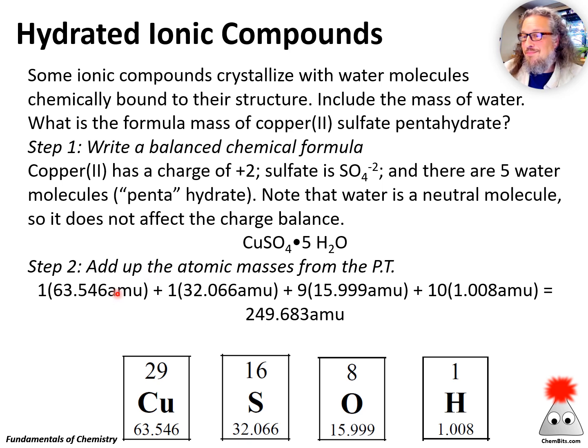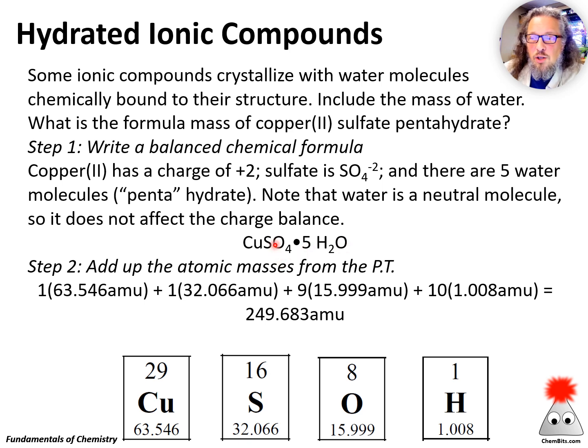Step 2, add up the atomic masses from the periodic table. What do we have? We've got 1 copper at 63.546 AMU. We've got 1 sulfur at 32.066 AMU. And now, well, let's make sure we do our counting correctly. We've got 4 oxygens on the sulfate, but then we've got 5 water molecules, so that's 5 additional oxygens.